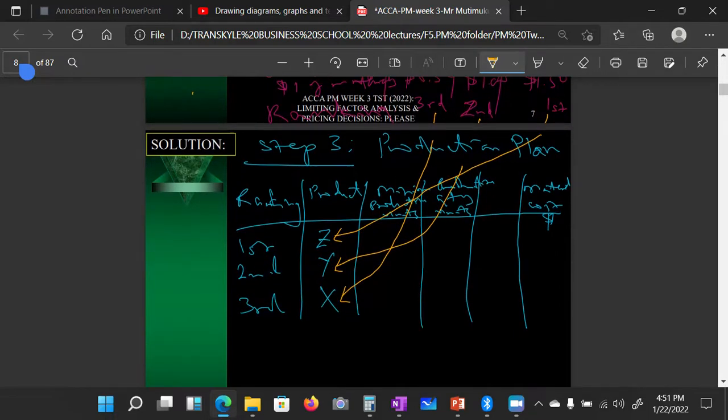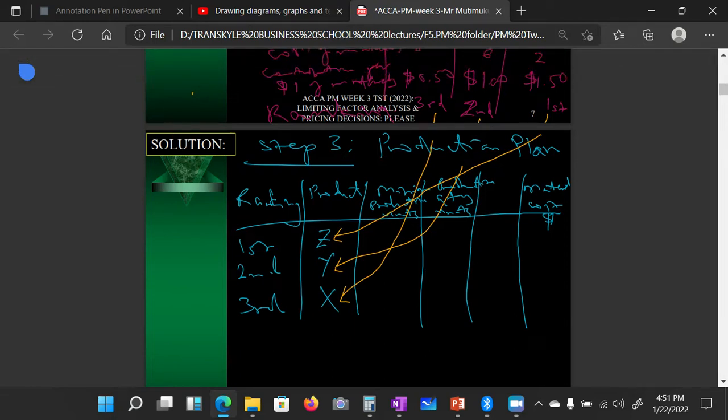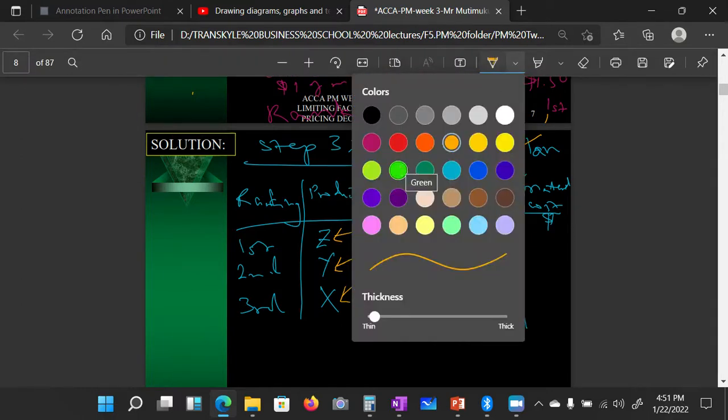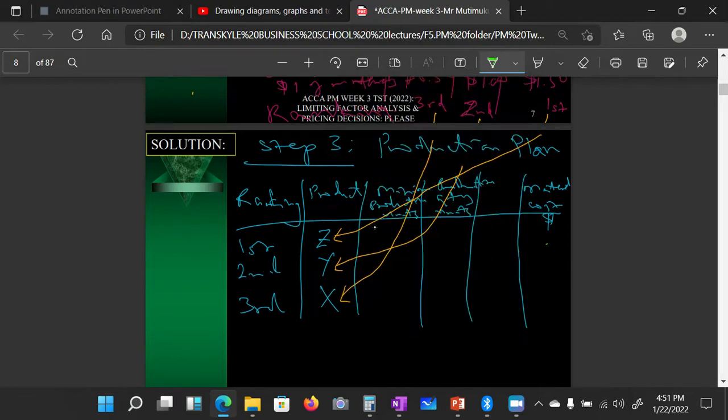Okay. Now that we have this information, we need to make sense of it. For the minimum production in units, we've already calculated this, and we said that for Z we have to produce 200, for Y 500, and for this guy 300.